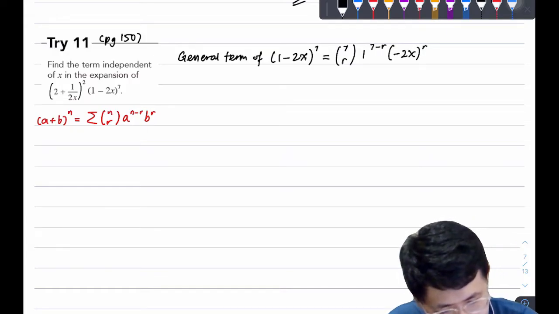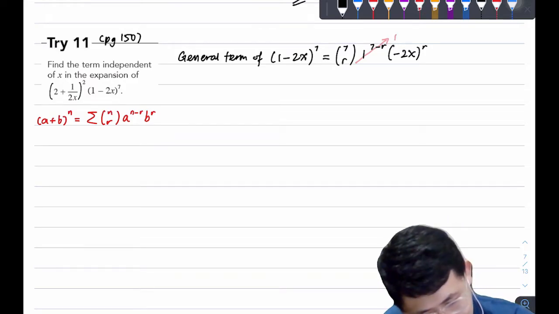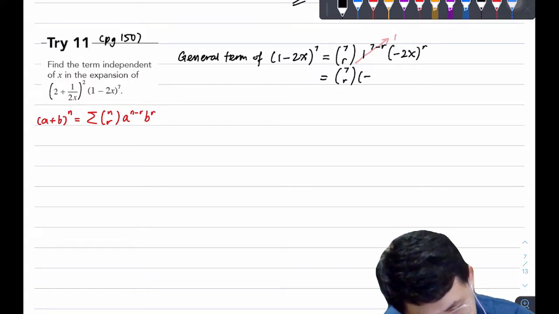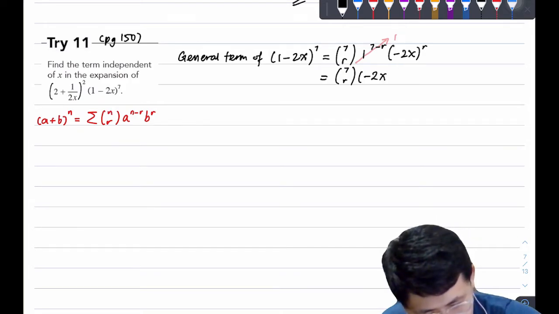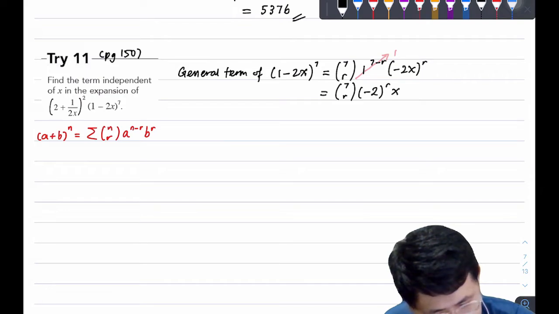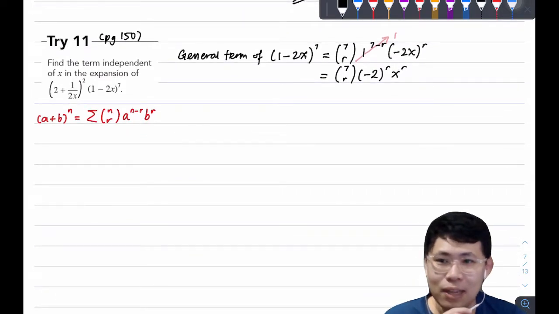Okay, so very graciously, this one is 1. So I can just simplify this to 7 choose r times negative 2x to the power of r. If I want to rewrite this nicely, so negative 2 power r and x to the power of r. Let me rewrite like this so it's a bit clearer.